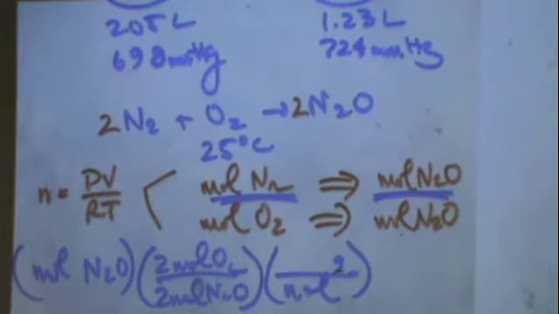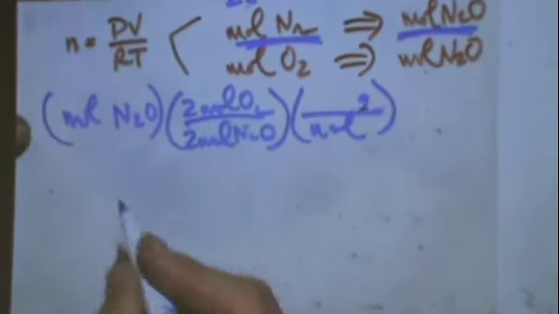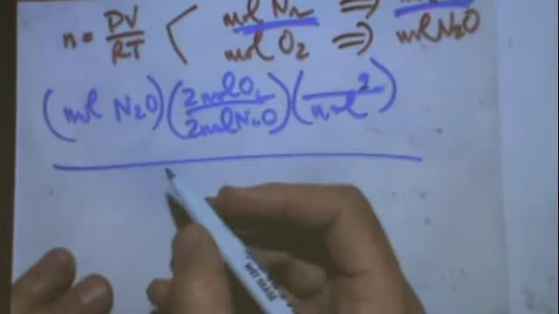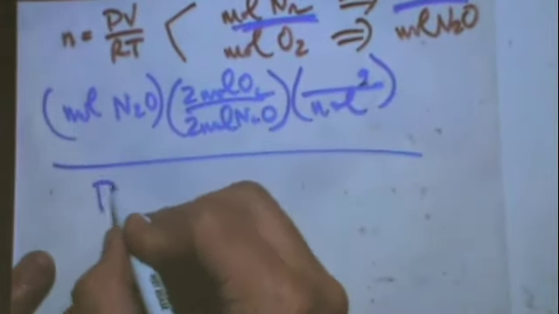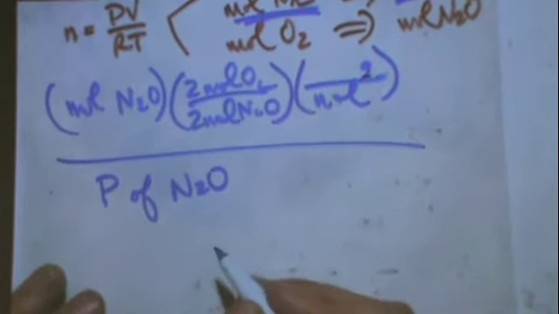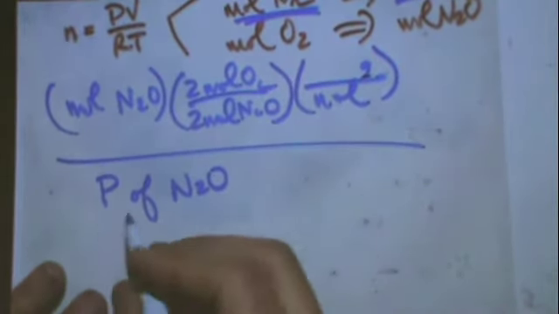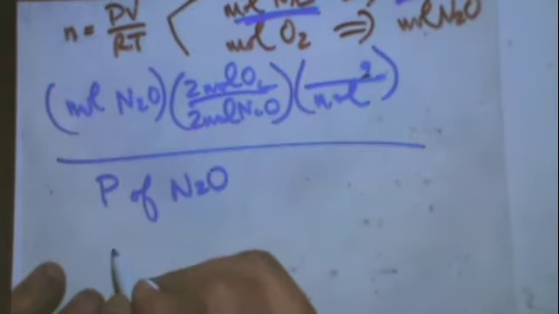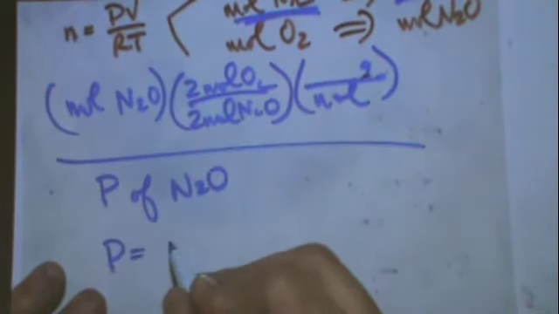Okay, did you want to do part C? You did? Okay. Part C, what is the pressure of N2O formed? So we want the pressure of N2O. Let's see what we have. I'm thinking the ideal gas law.